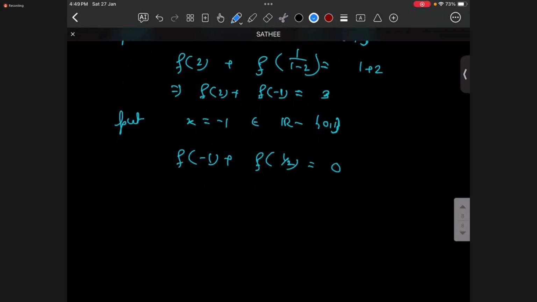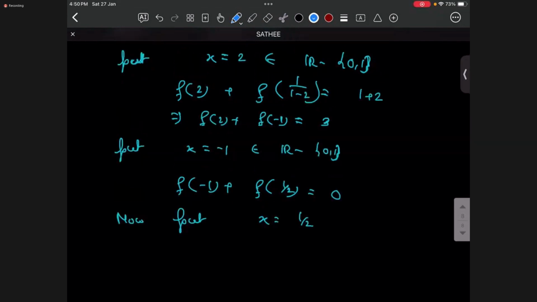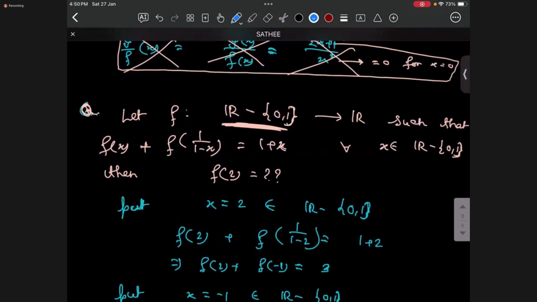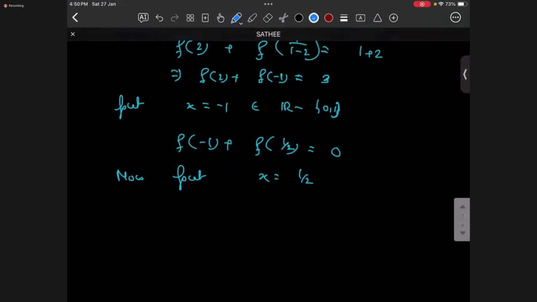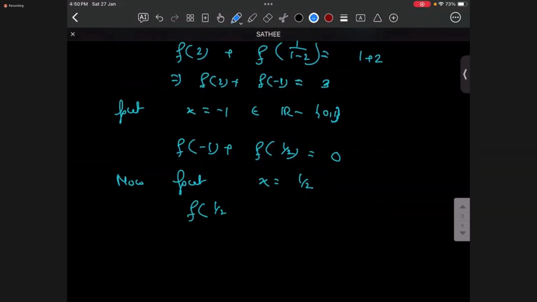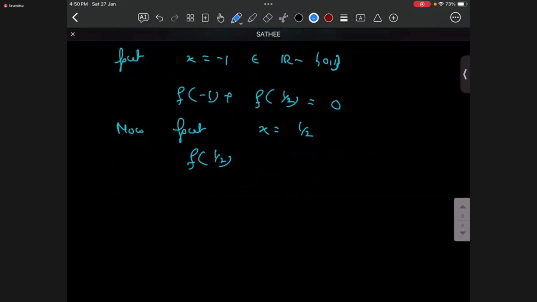Clear? Now put x equals half. So what do we get? f(half) plus f(1 by (1 minus half)), which is 1 by 1 plus half.